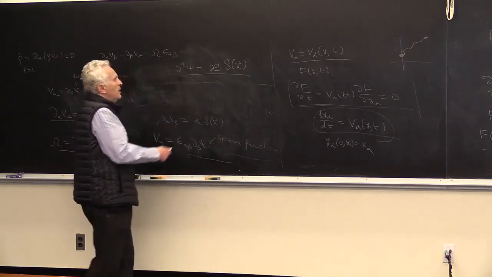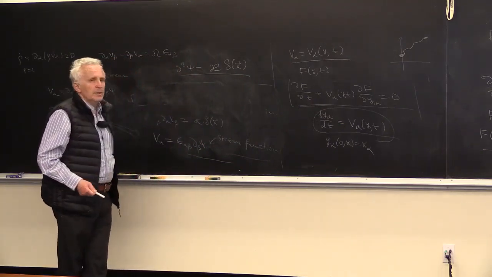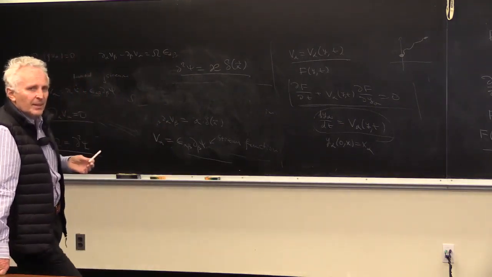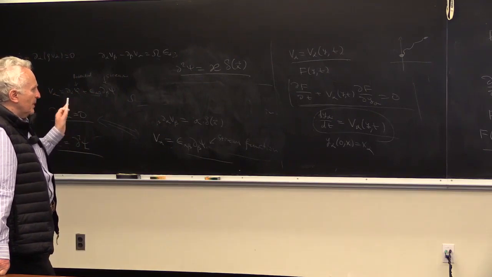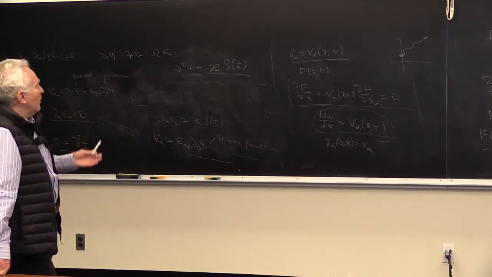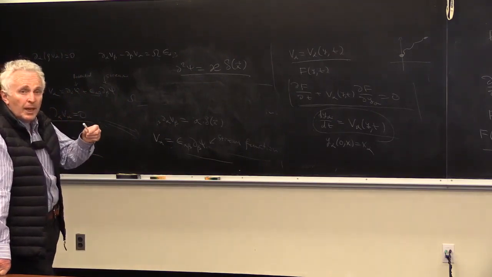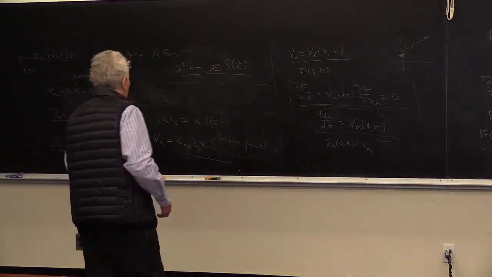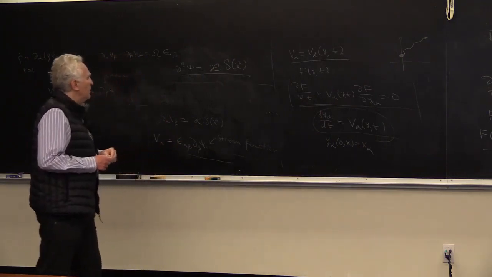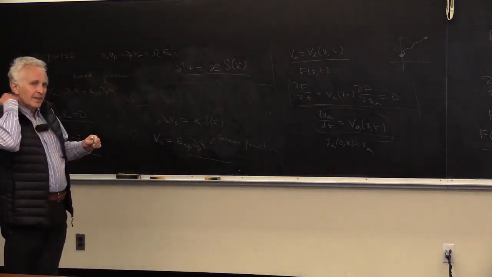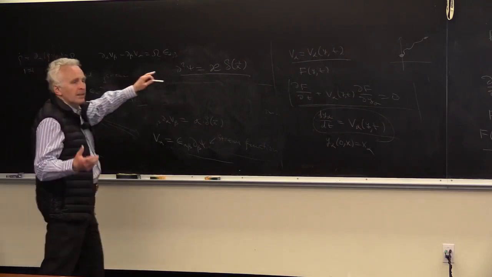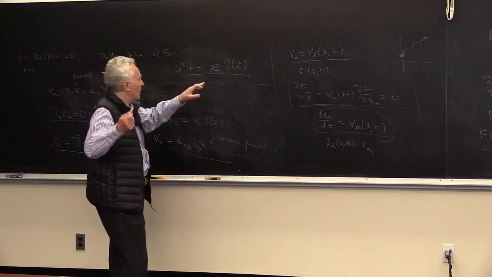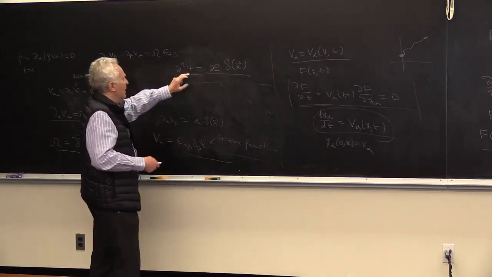And in 3 dimensions, what would be the solution of this equation? That's something very familiar to you. 1 over r for psi. The potential is 1 over r, and the electric field is 1 over r squared. Now, how could you foresee this 1 over r solution?